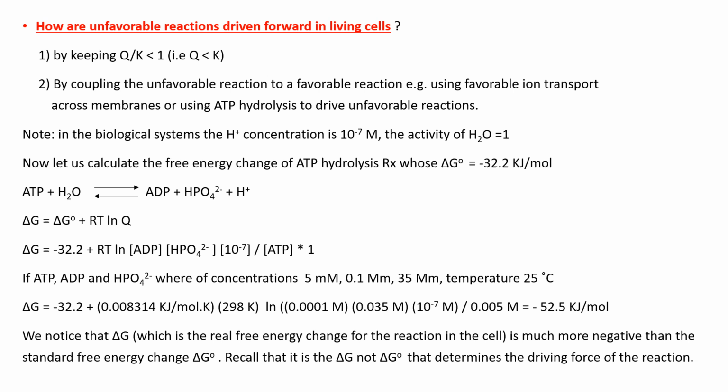So delta G, the actual delta G, will equal minus 52.5, which is more negative than the standard state. So this tells us that ATP hydrolysis at the actual intracellular concentrations is much more favored than in the standard state because it is more negative.